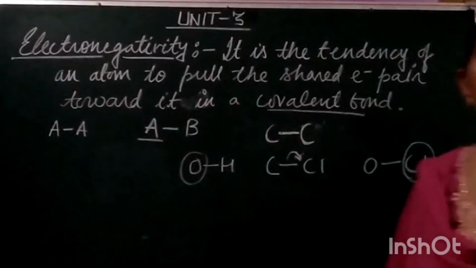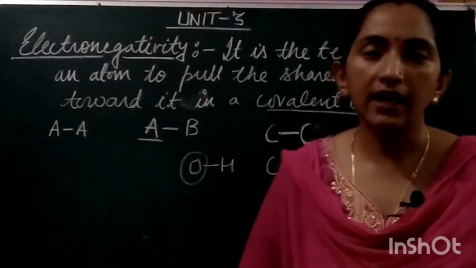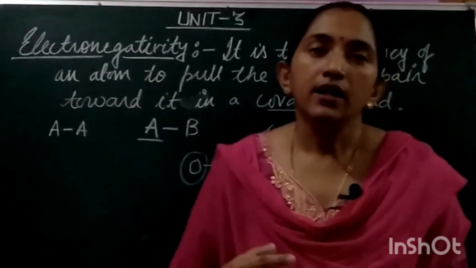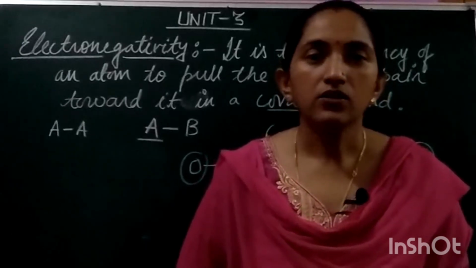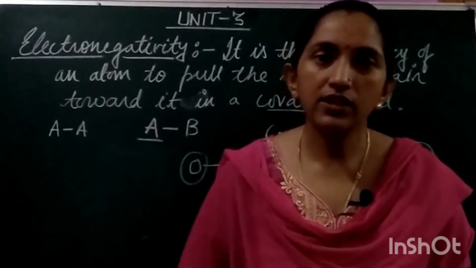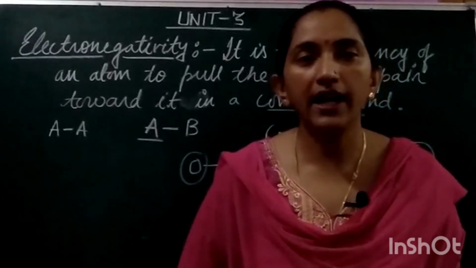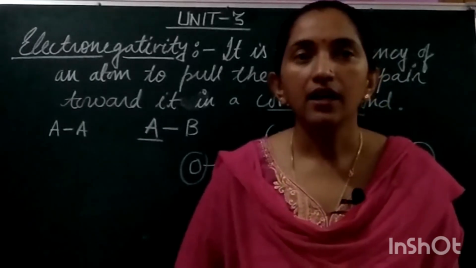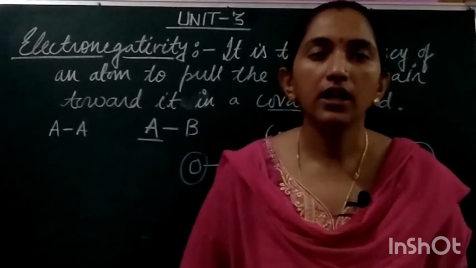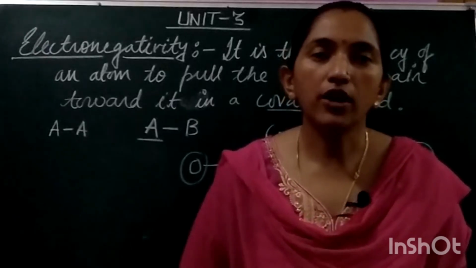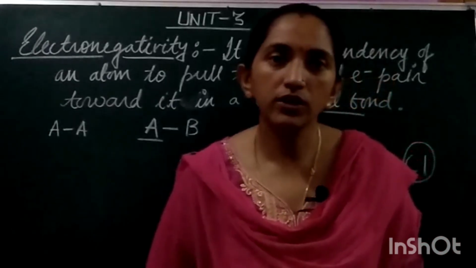So what I want to tell you here is that electronegativity is a relative term, right? Compared to the ionization enthalpy and the electron gain enthalpy, it has relative values, not absolute values, right, students?